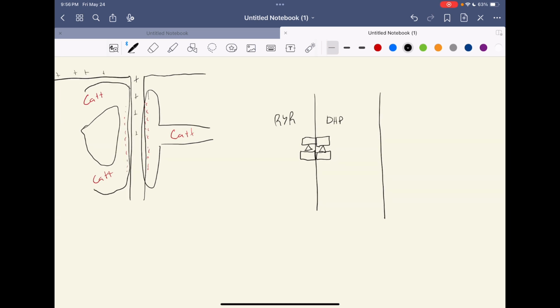So when these charges come down for the depolarization, it activates this DHP to then open the RYR, the ryanodine. So as this opens, and this is in blue right here, I'll draw the sarcoplasmic reticulum all along here. And so there's calcium. These red dots are all calcium here.